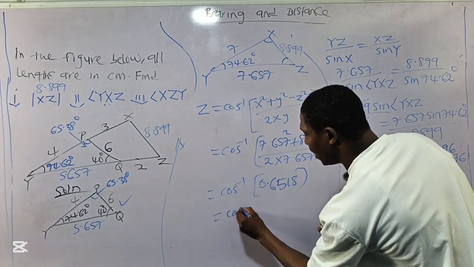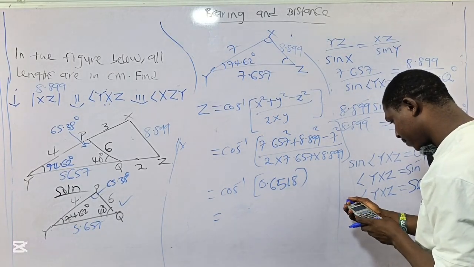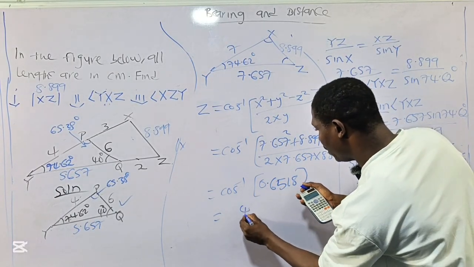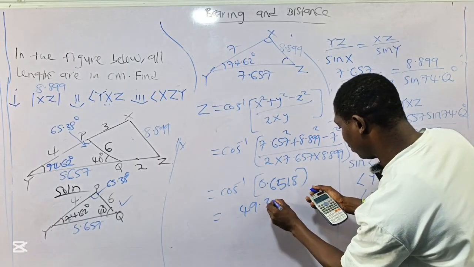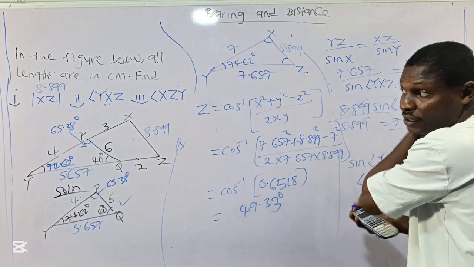And my cos inverse of this will give me 49.33 degrees.